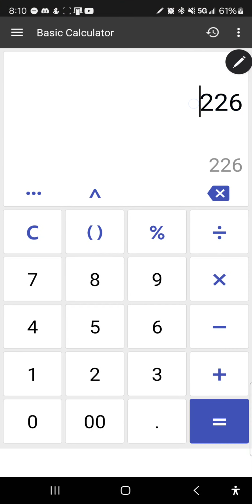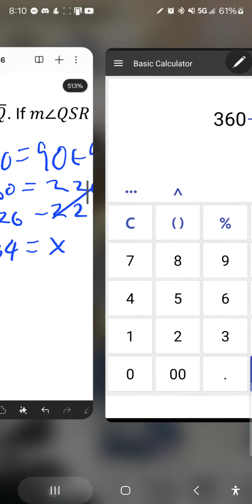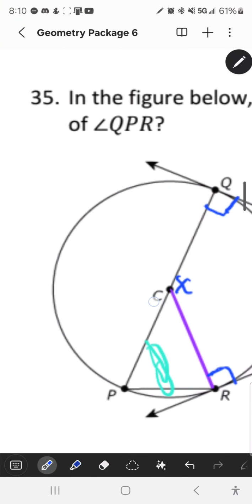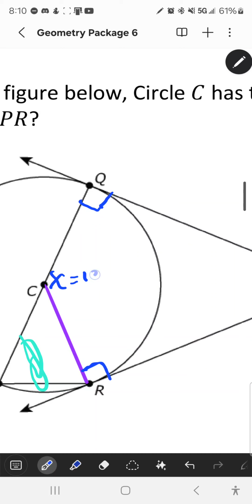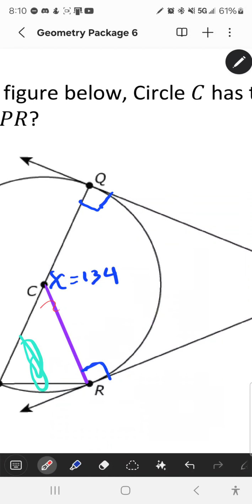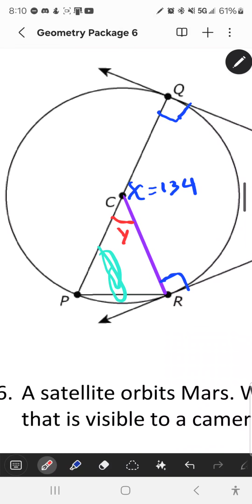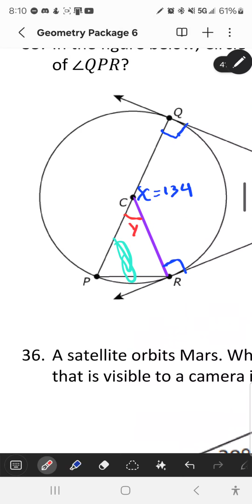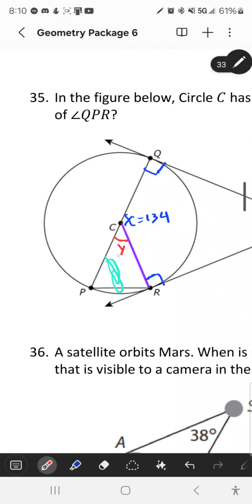And if you want to check it, it will be 360 minus 134, and that's the measure of this angle right here. Now, with this measure, we can calculate this one. We are going to call it y. These two angles add up to 180 degrees since they are over the same line.